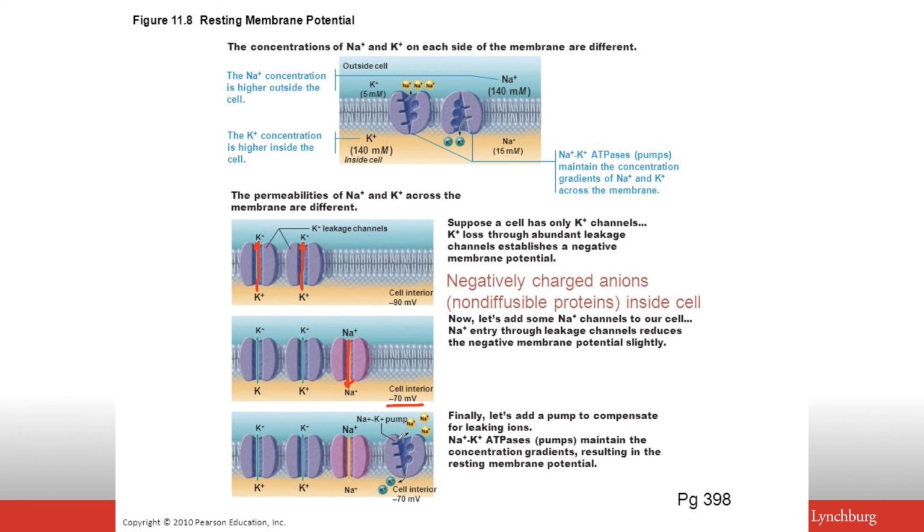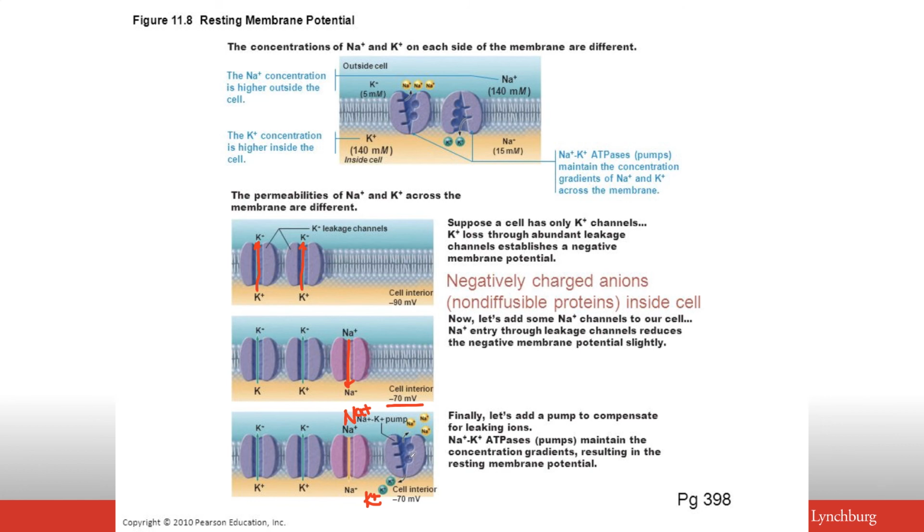Now, we need some way to keep sodium in a higher concentration outside the cell and potassium in a higher concentration inside the cell. And that's the role of the sodium-potassium pump. Because if those ions were just left to leak through their leakage channels, they would eventually reach equilibrium.